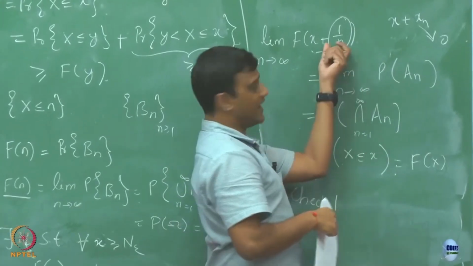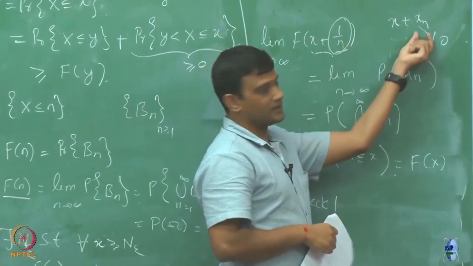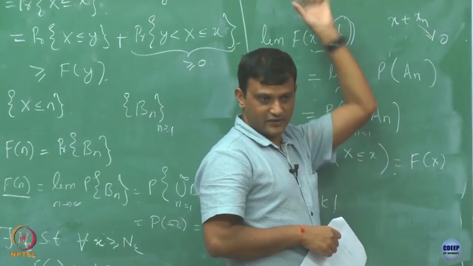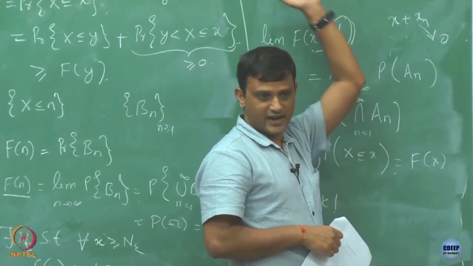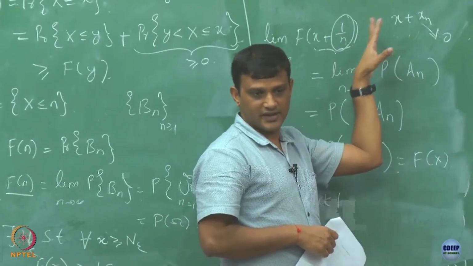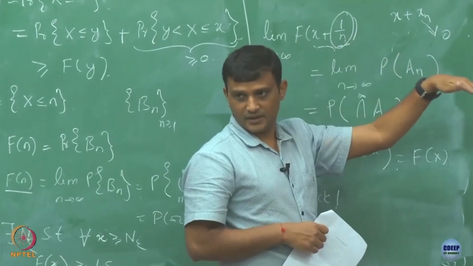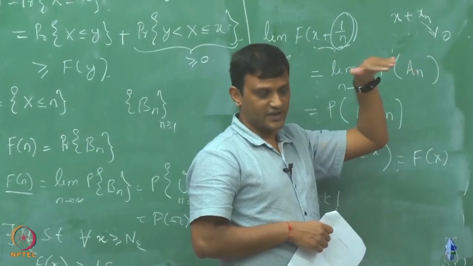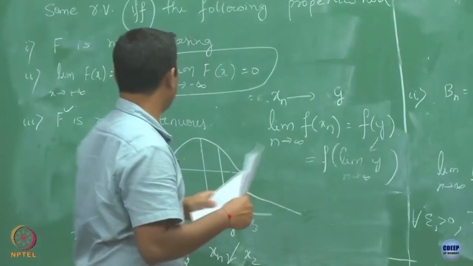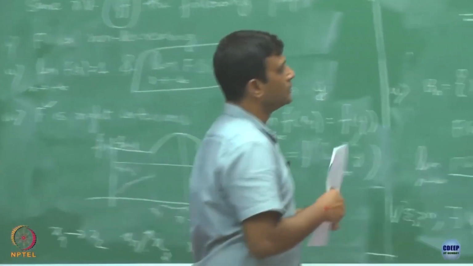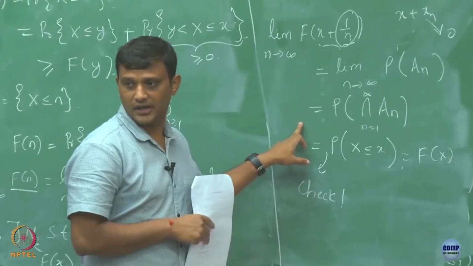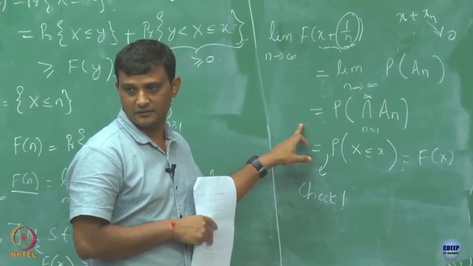But whatever the values in between, if it is any other sequence, it should fall between 1 by n and 1 by n plus 1, and then you can say that this is true for any arbitrary sequence that is converging to x from the right. Okay, fine. So I hope you will convince yourself that this is going to work for any arbitrary sequence that is converging to x from the right.